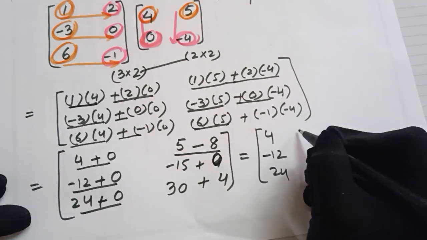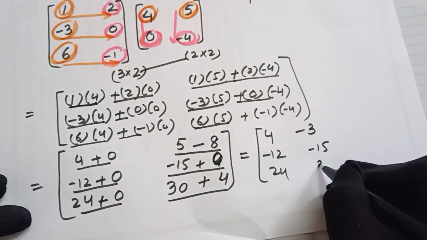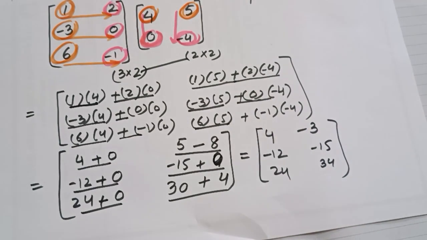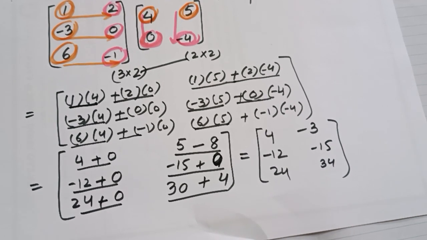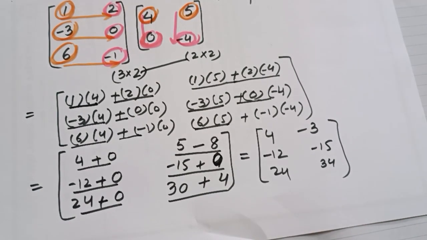Then 5 minus 8 is minus 3, minus 15 and 30. Your elements are ready. So be careful when you are solving multiplication in matrices, write down the elements properly, or use color pencils to make your columns and rows clear to you.